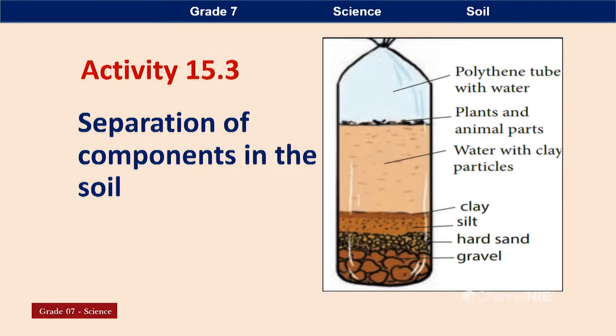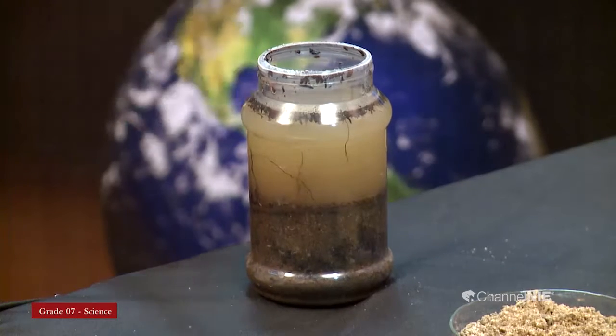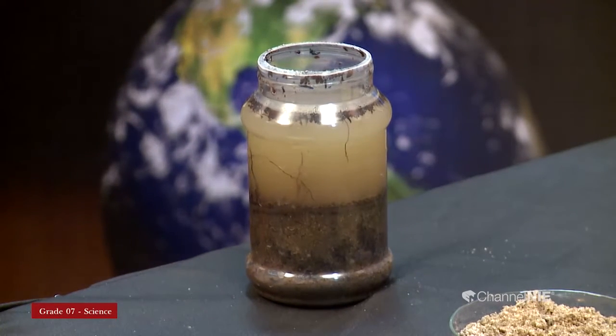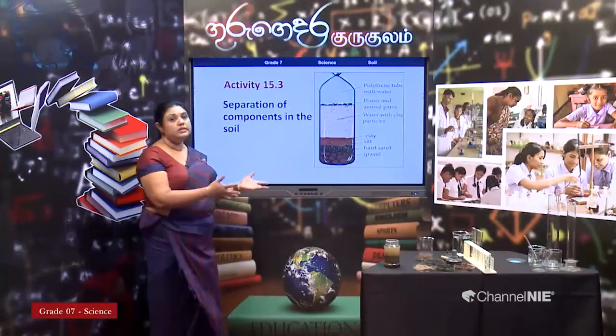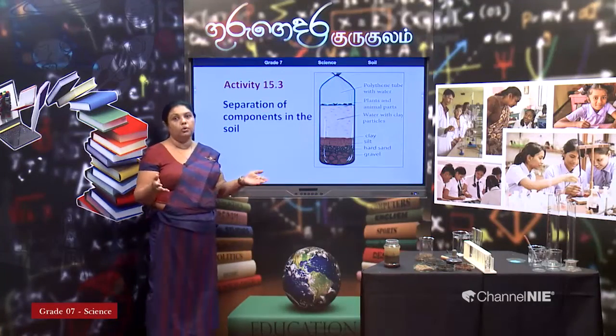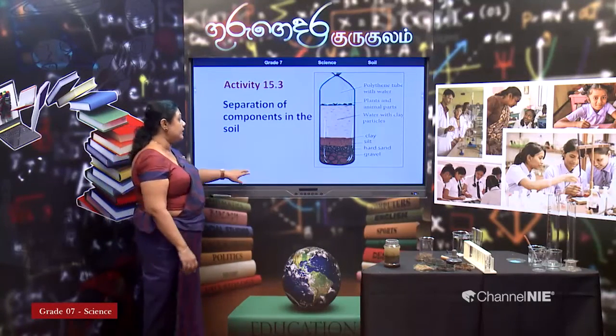You can compare with the diagram even. Silt is there, clay layer, water with clay particles, and ultimately on top the floating particles, plant and animal parts are there. So, this you can do easily at home without laboratory equipment, and please do that and see.